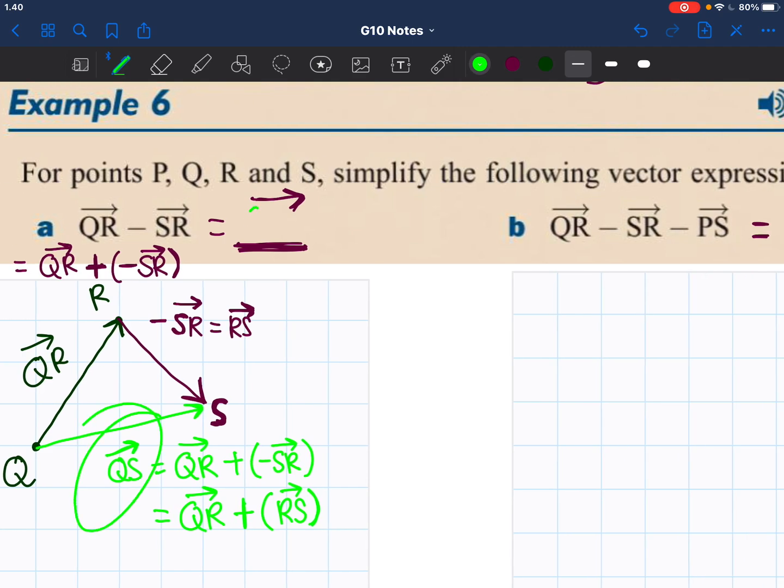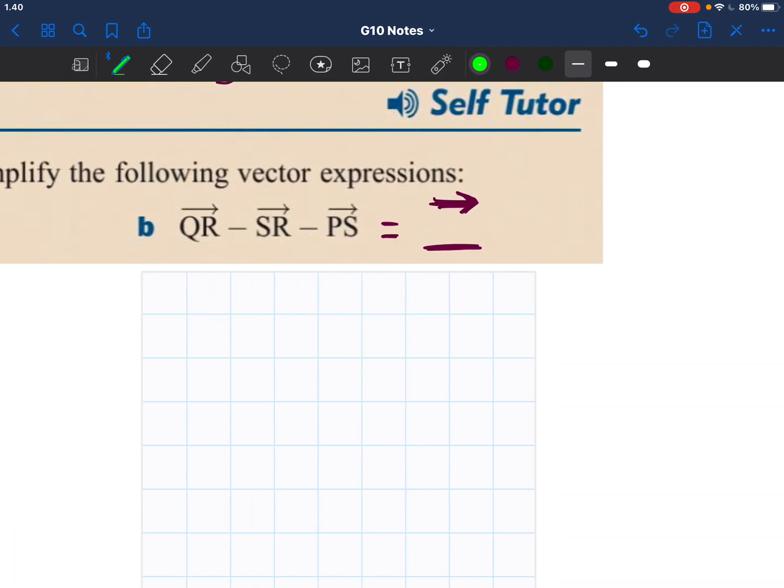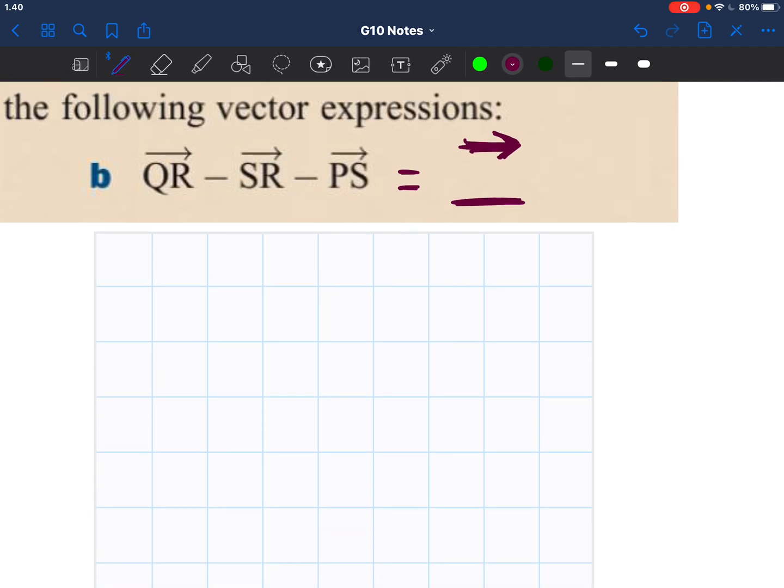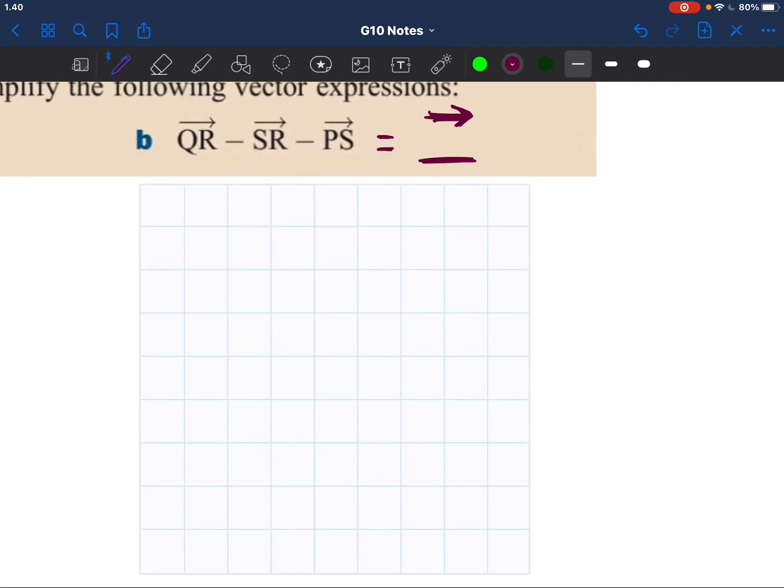So this is your answer here. I want you guys to do that first. Same thing as the first one. So this is what you do again. We're going to start with Q and we end at R. And then the arrow head. You can also label it for your own benefit. And then again, the opposite of SR is RS.